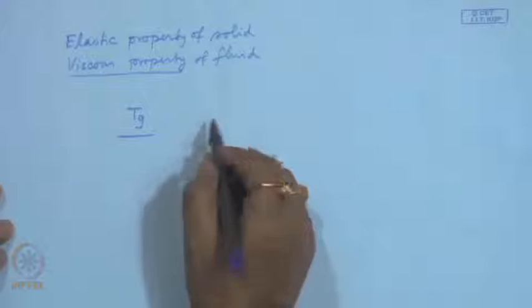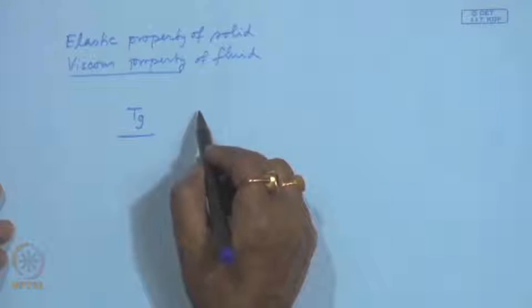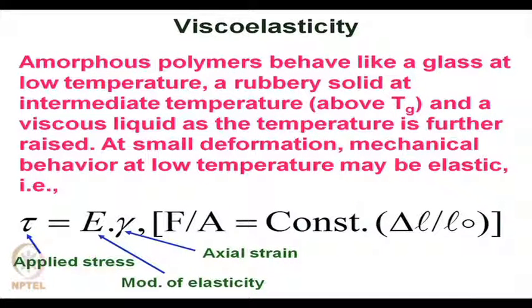For example, say a vulcanized or cross-linked ball made of rubber, which shows bouncing property, which is flexible and it shows bouncing characteristics. If that rubber ball is immersed in liquid nitrogen, it becomes very hard, and if it is dropped from hand onto a rigid floor, it breaks into pieces, shatters into pieces.